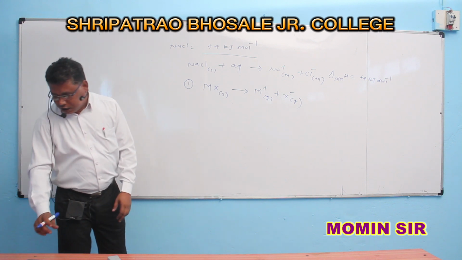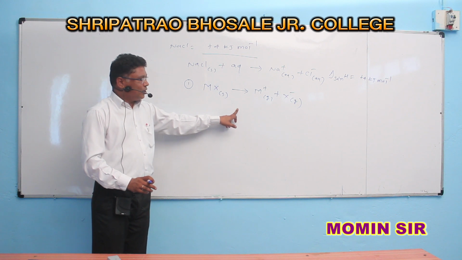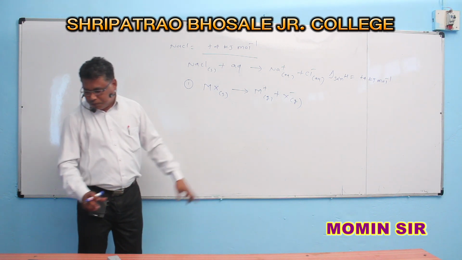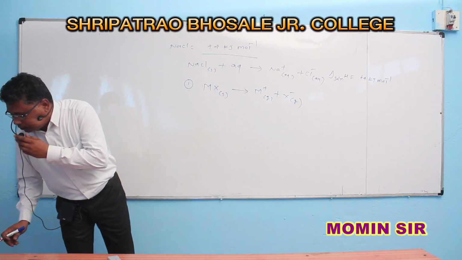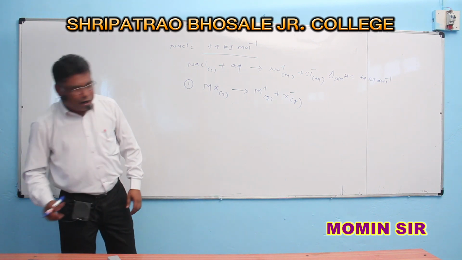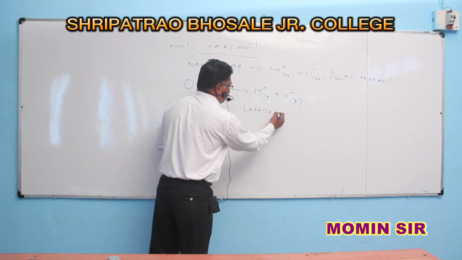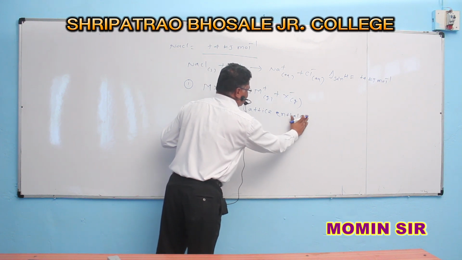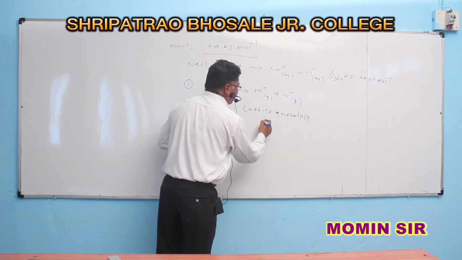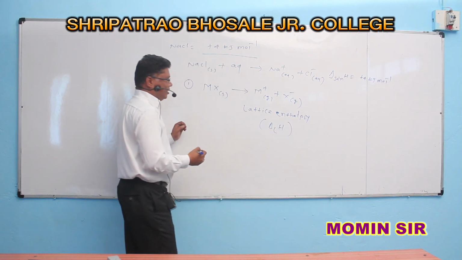The enthalpy change taking place in this step is called lattice enthalpy, denoted as delta H lattice.